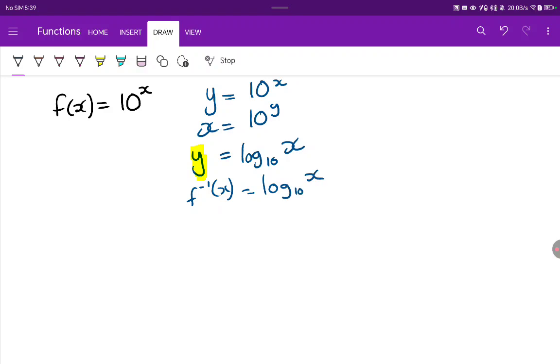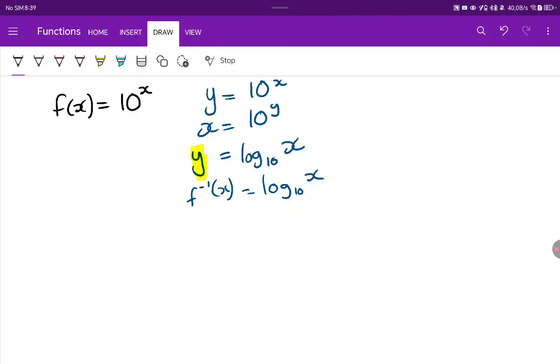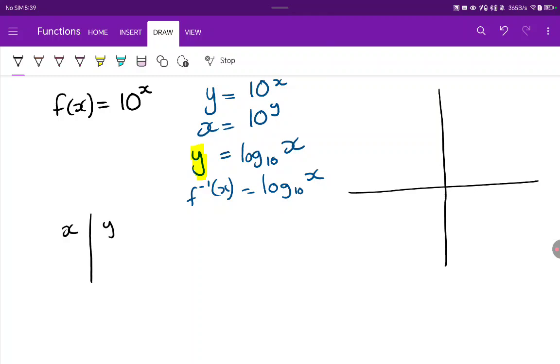Okay, now let's sketch this real quickly. I don't have a Cartesian plane, let's do it without. So if we were to sketch this, you would have your xy Cartesian looking like that. And now, remember you need to substitute, right? So we can do x, y, and let's do 1, 0, minus 1. See what happens. That'd be interesting.